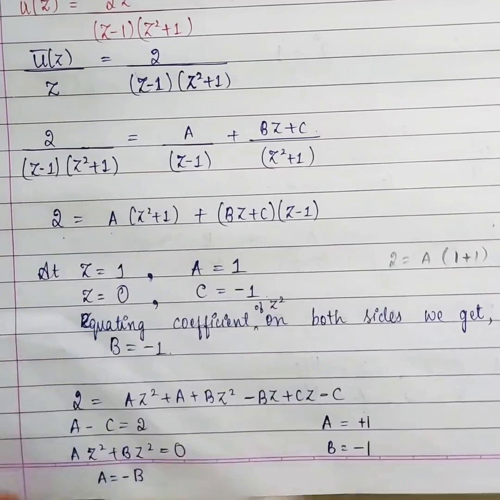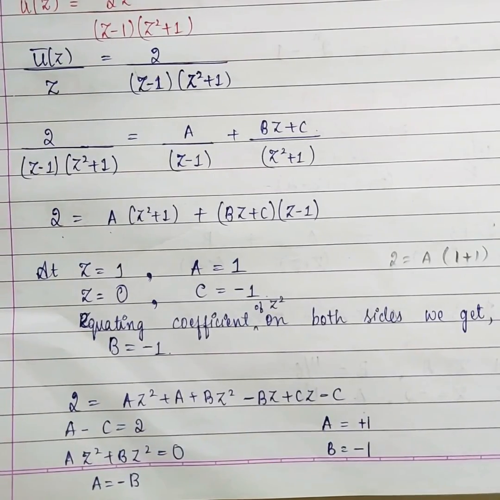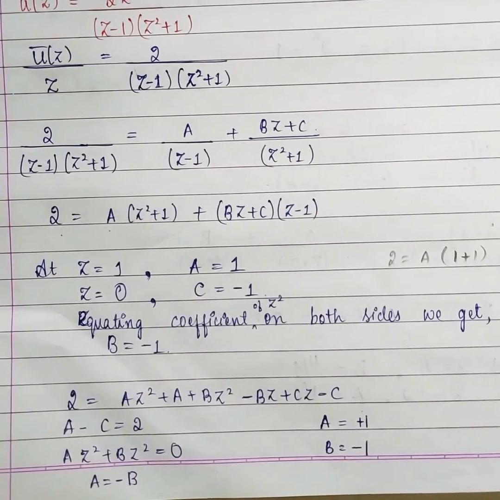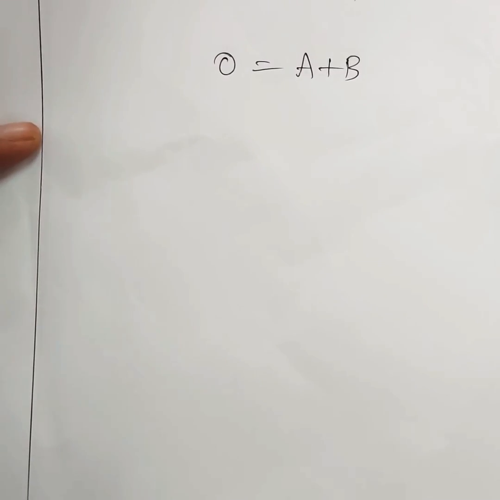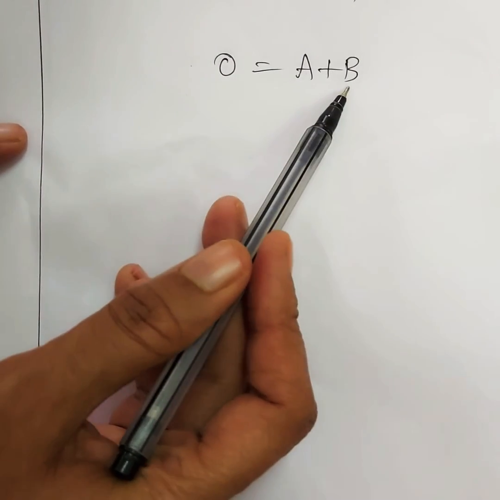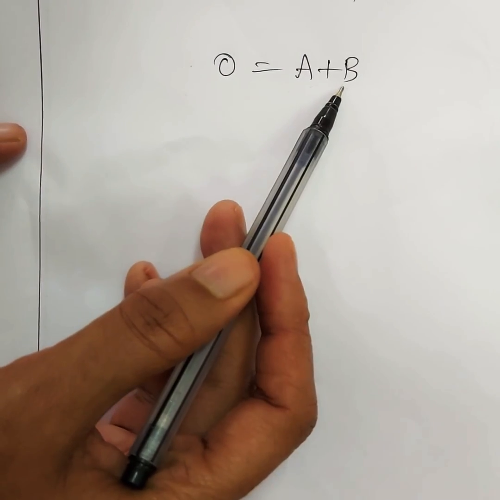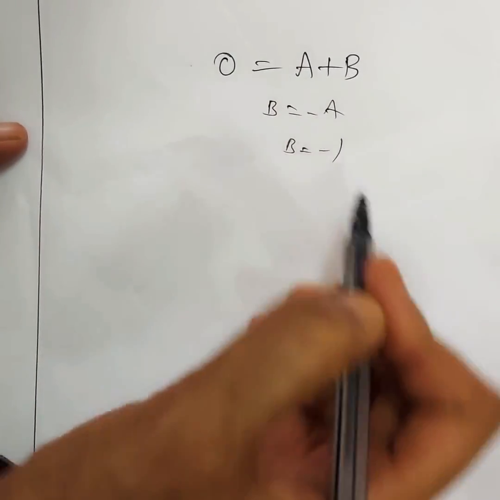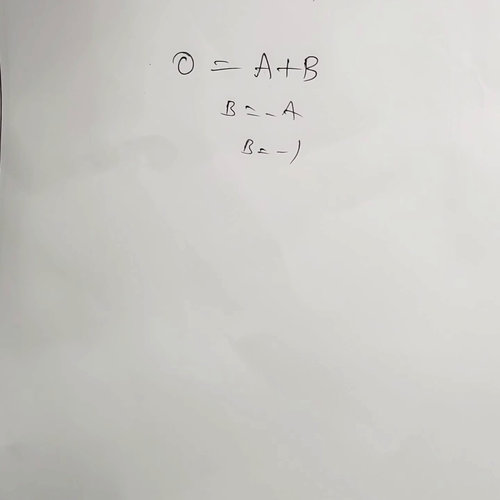So we have to compare the coefficient of z square. Left hand side coefficient is 0, A z square plus B z square, so A plus B is 0, therefore B is equal to minus A, so B is equal to minus 1. So this is the answer for B.